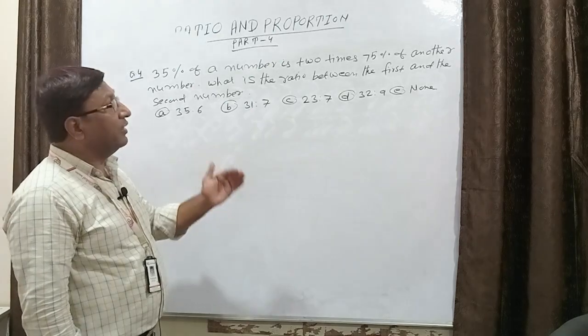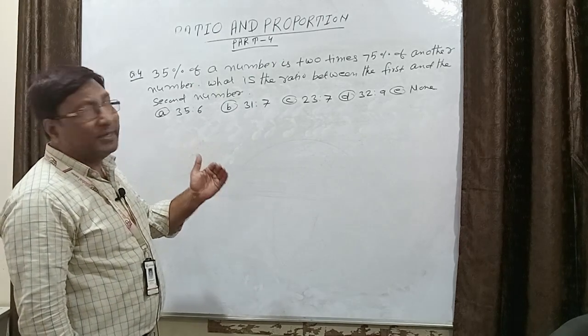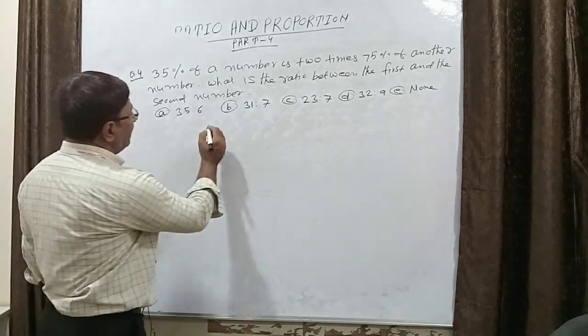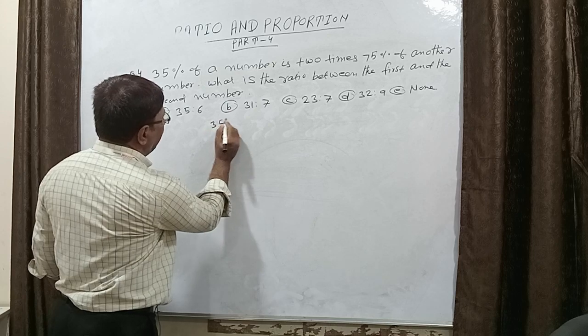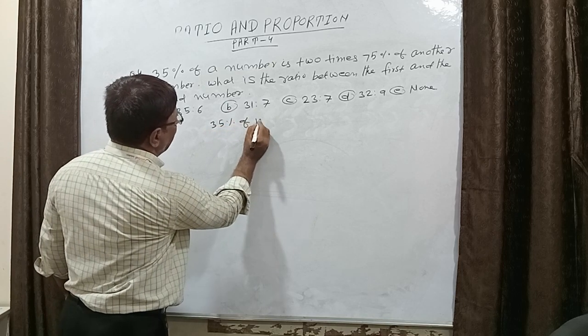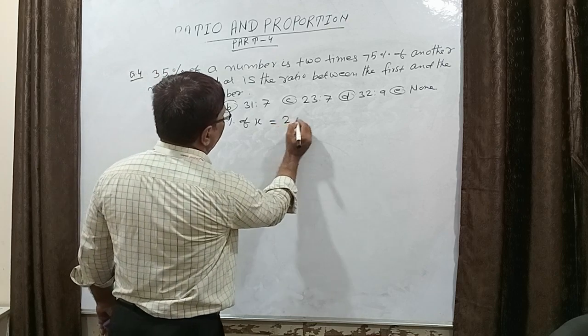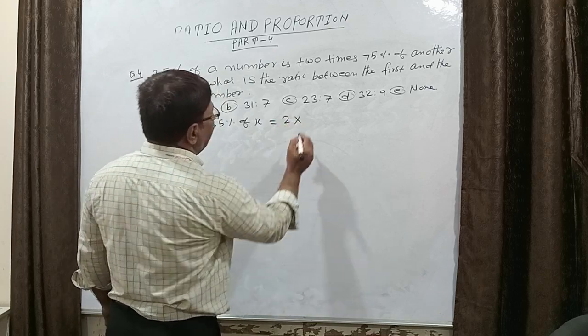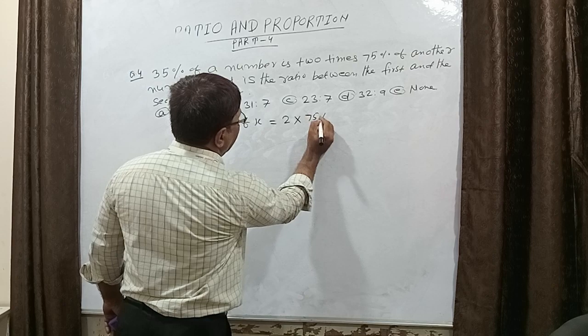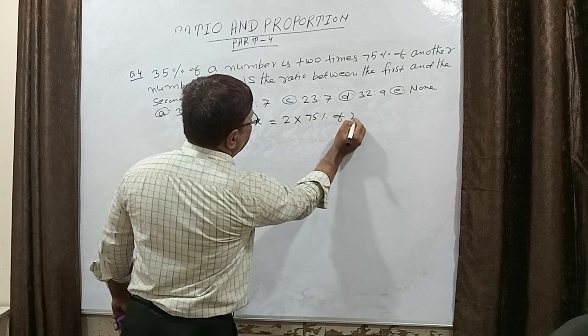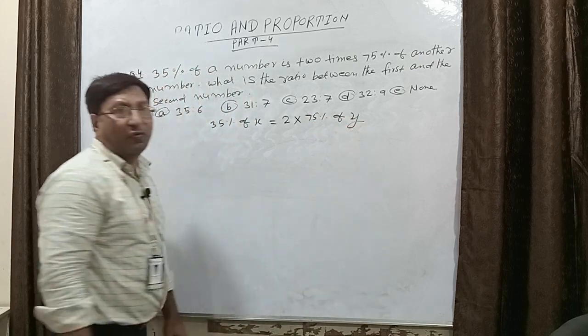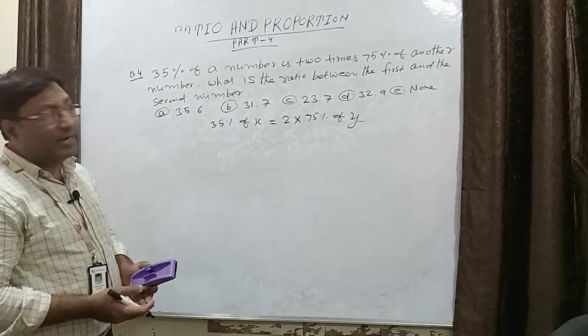Suppose your first number is x. So 35% of x is equal to 2 times 75% of another number, that is y.